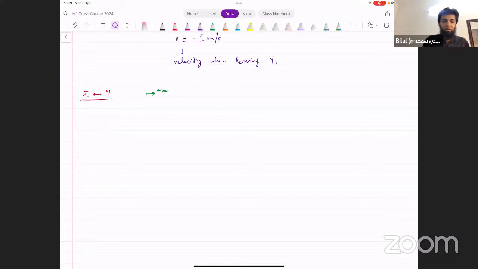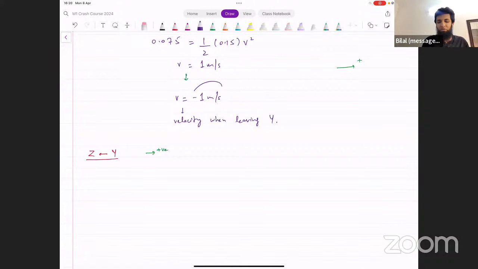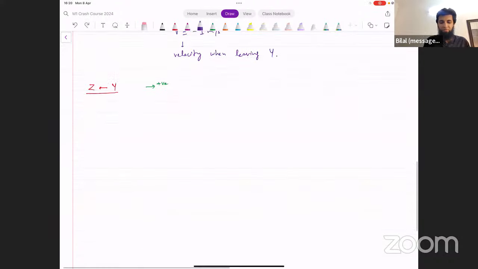Now, what do we know about the journey from y to z? What's the initial velocity now from y to z? Well, the final velocity in the previous part is now the initial velocity. So initial velocity is going to be -1. Why -1? Because we're considering right side positive. Okay, initial velocity is -1.